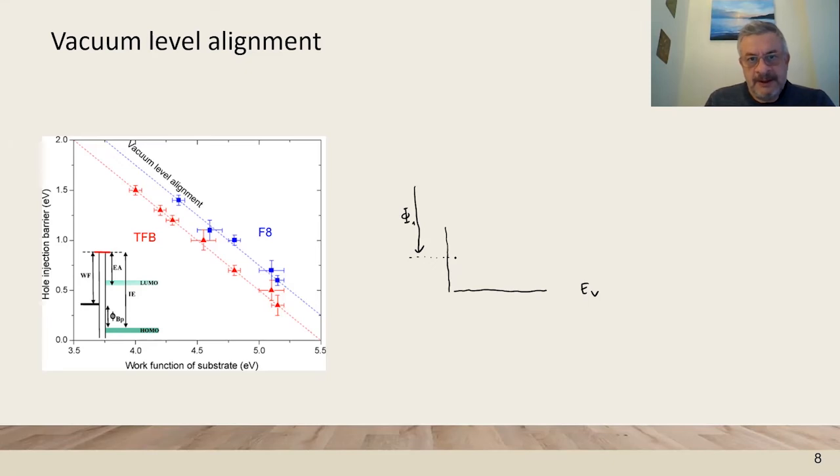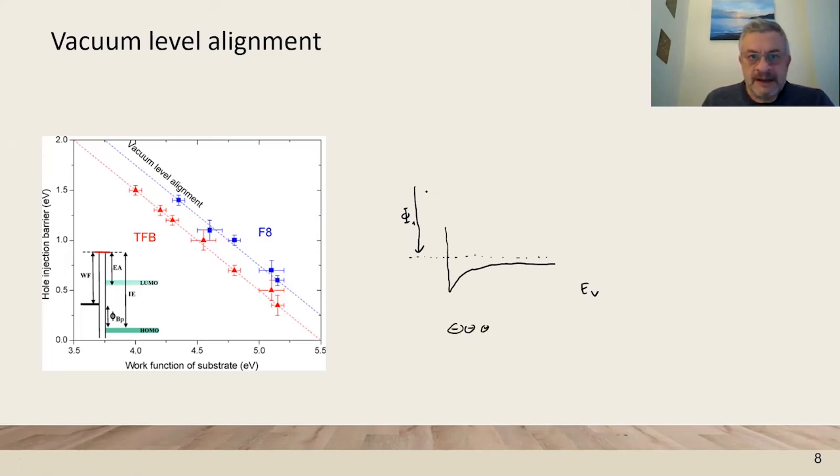And then when equilibrium is established, this will be the Schottky barrier, which now has negative space charge.